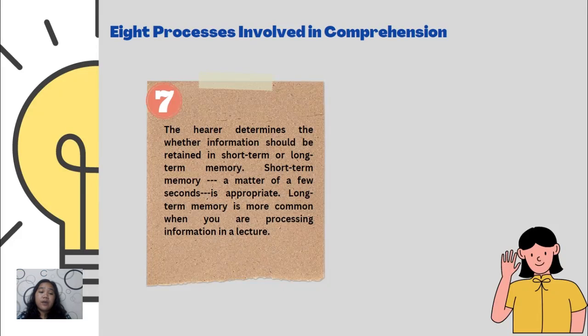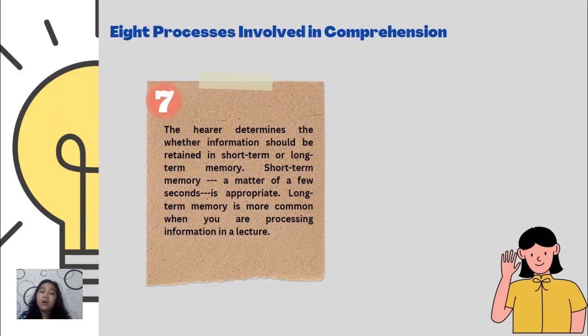Then next we have number seven. The hearer determines whether information should be retained in short-term memory or long-term memory. Short-term memory means a few seconds is appropriate, like what you have in your daily conversation with your friends. If the information is not so important, then we put it in our short-term memory and we tend to forget it easily.